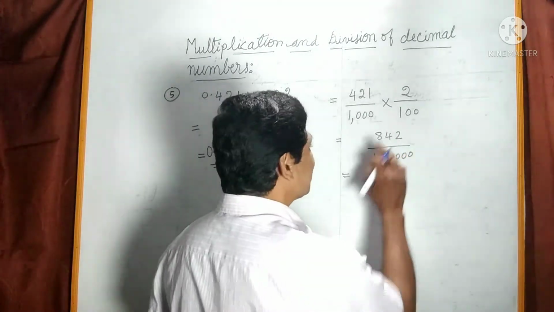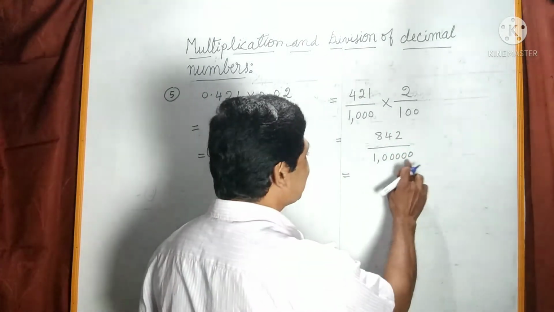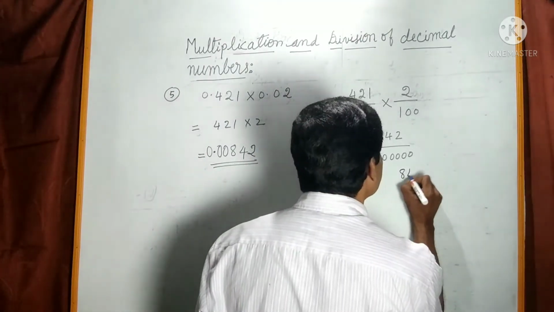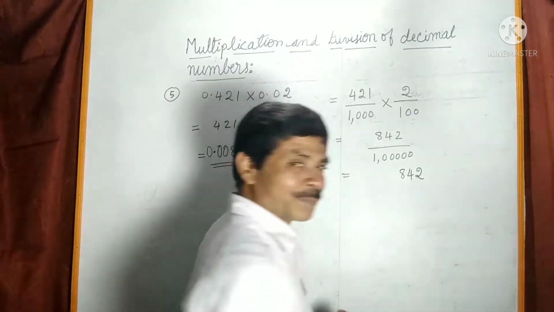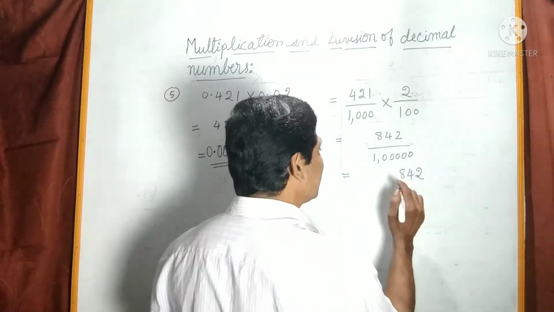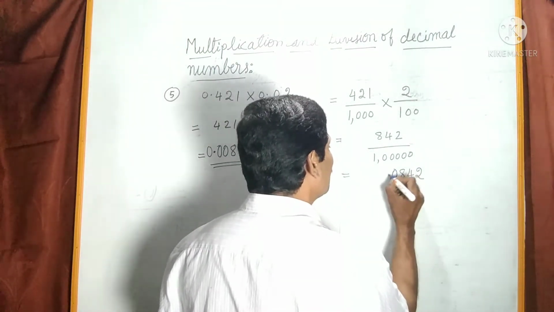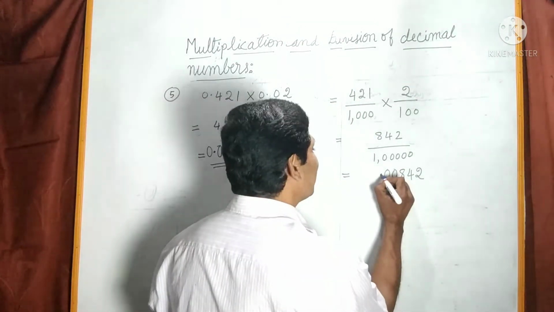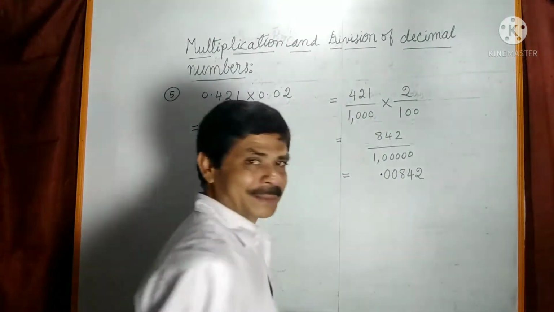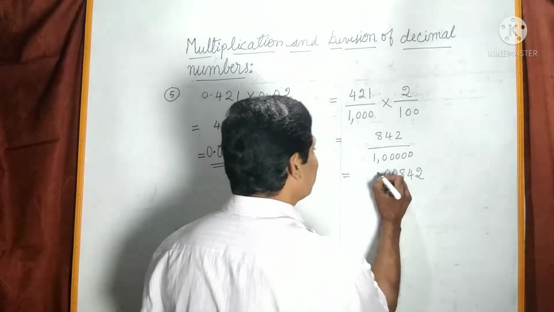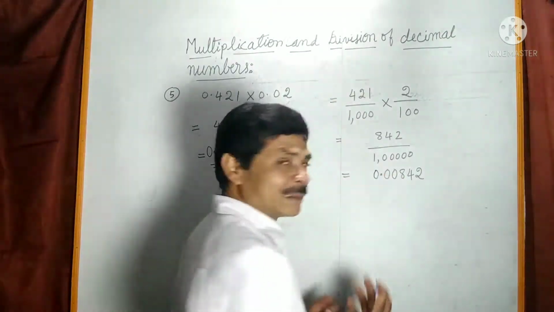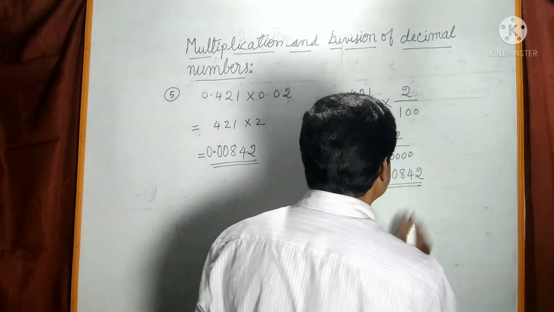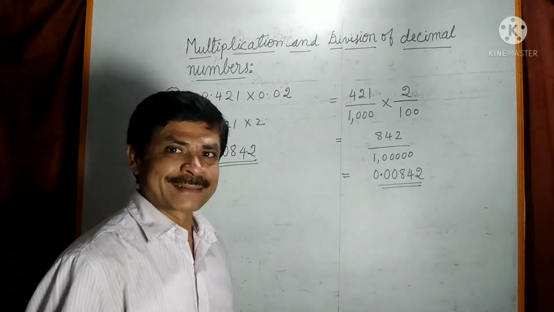Now we have to put the decimal point after 5 digits. 1, 2, 3. We put 2 zeros. That means 5 digits. We put the decimal point. Whether you write here 0 or not, it does not matter. Okay. This is your answer.